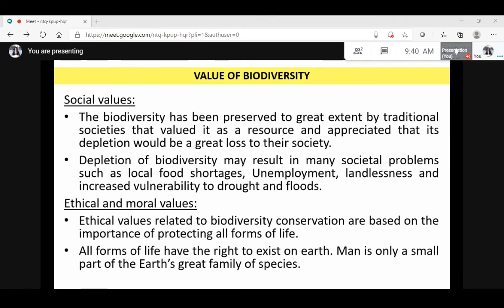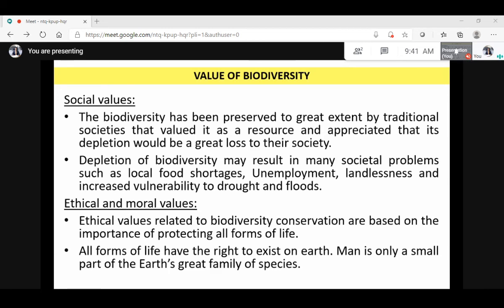Ecosystem provides services such as provisioning services, ecological services, and cultural, social, aesthetic, and informational services. Economic or provisioning services include products such as wood, food, water, fuel, and medicines. It also includes genetic resources such as seeds, useful microbes, and genes.